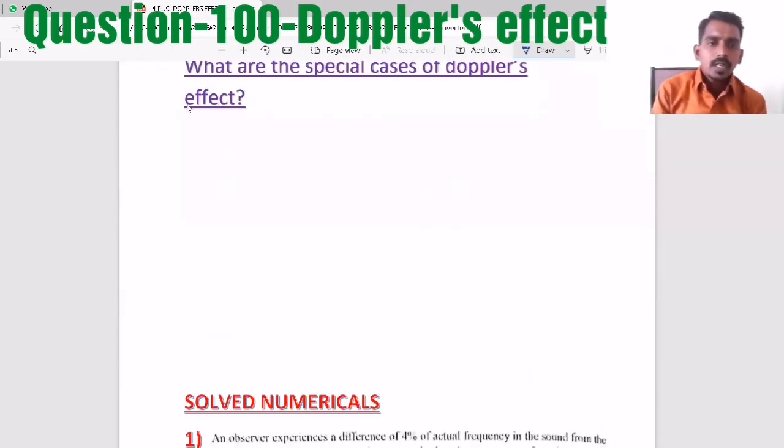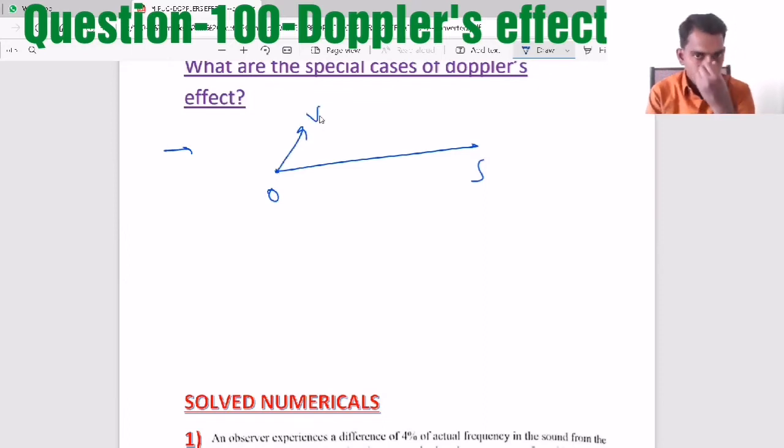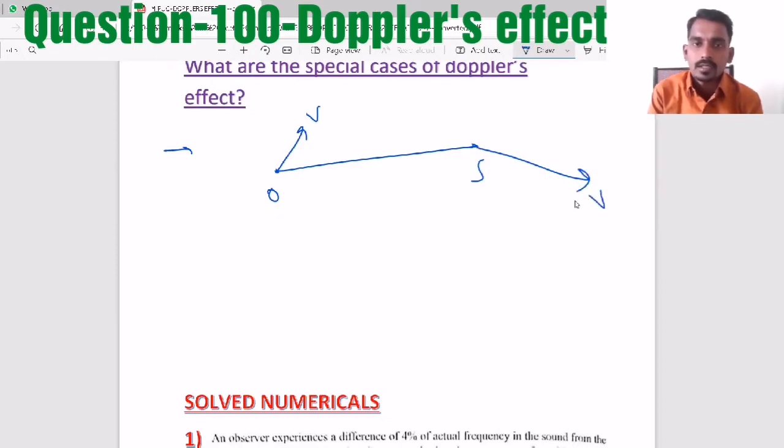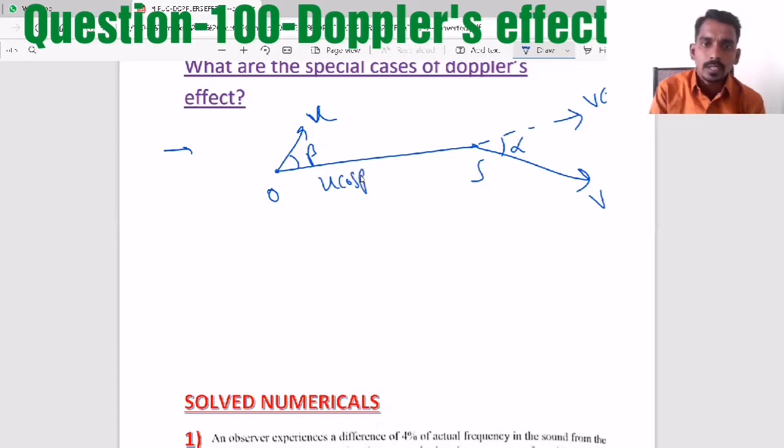Now special cases: suppose this is the line joining observer and source, and the observer has some velocity like this, u, and the source has some velocity like this, v. Then you should know the angles. You have to take components: v cos alpha and u cos beta.